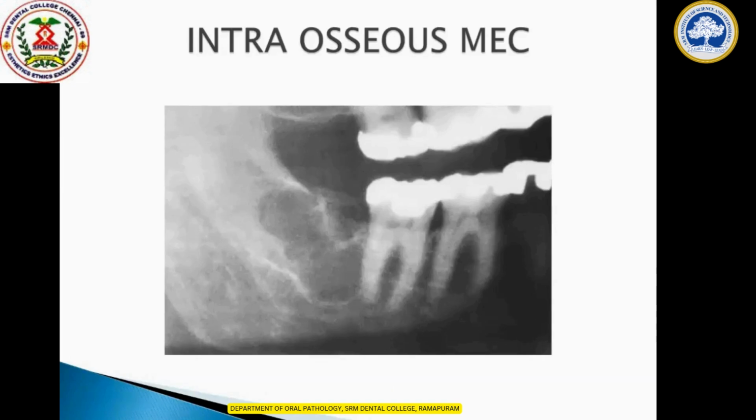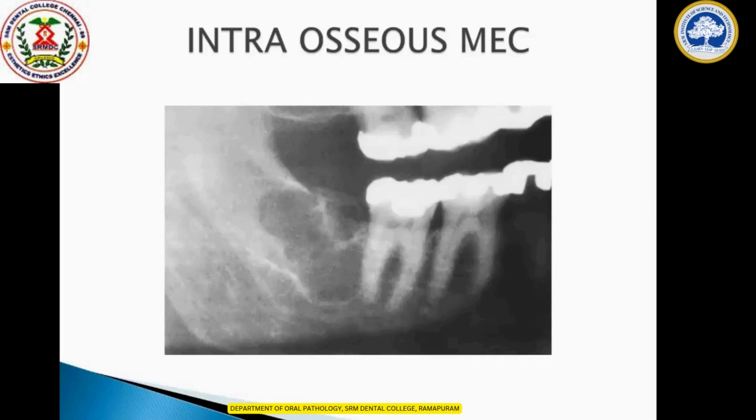One, ectopic salivary gland tissue, which can come from the developmental entrapment of the salivary gland. Second will be your embryonal rest or nests of salivary gland tissue during the development of the submandibular or the sublingual glands. The third will be the displacement of the salivary glands which are seen in the lining of your maxillary sinus.